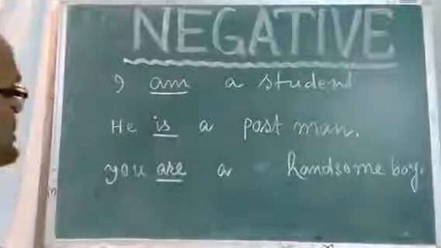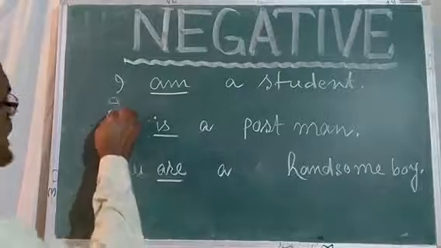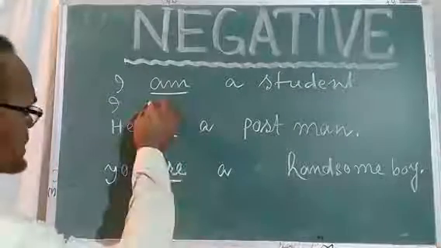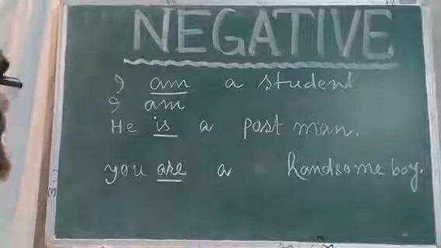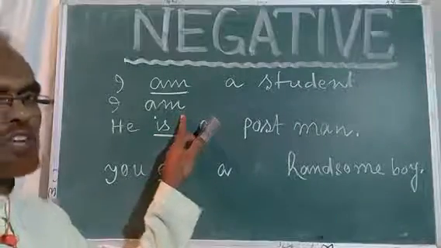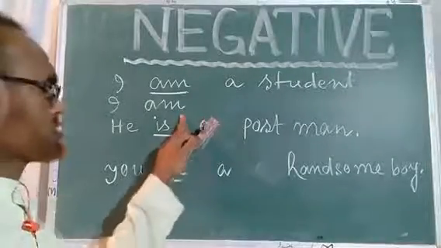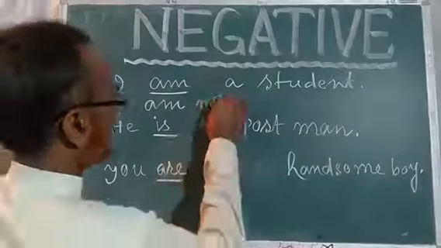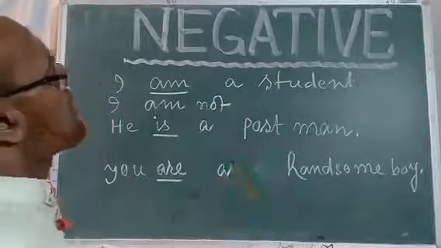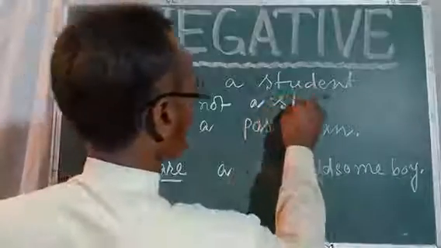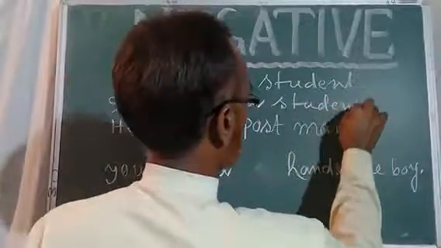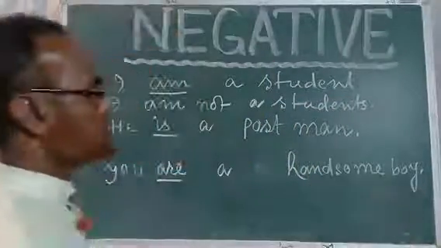That is, I is the subject and after I there is the auxiliary am. As am is the auxiliary, we have to add not after am, and write the remaining parts of the sentence, and thus it turns into negative.